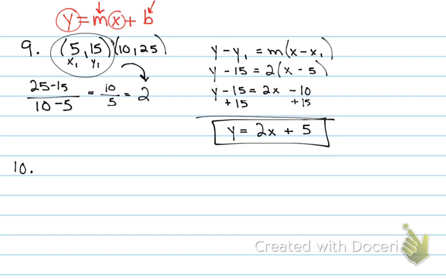Okay, so number 10 is one that probably surprised me more than any other question because you guys did very well in the review, and then on the quiz, you just totally forgot what it was. So this is one, I want you to look at your review sheets and go ahead and correct this. We're going to go over it in a minute, okay?